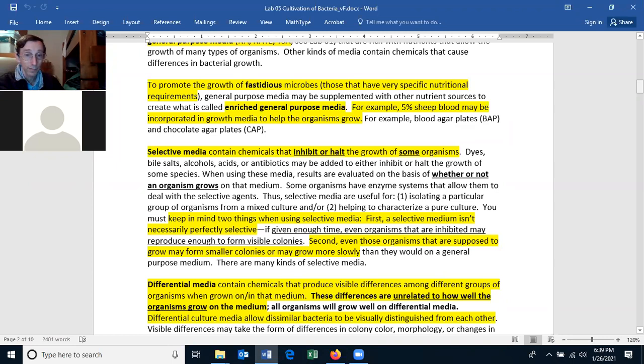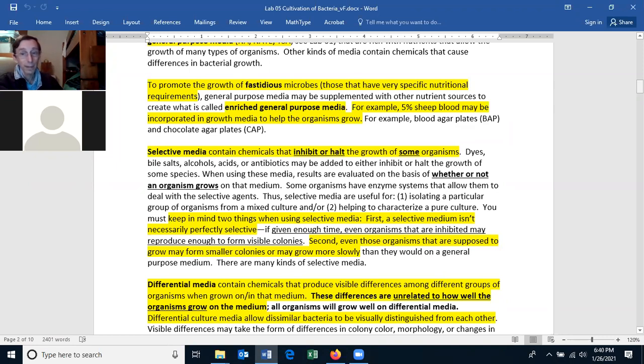There's also selective media. These contain chemicals that inhibit or halt the growth of some organisms. Some organisms can grow in the selective media and others cannot. Keep in mind 2 things when using selective media.